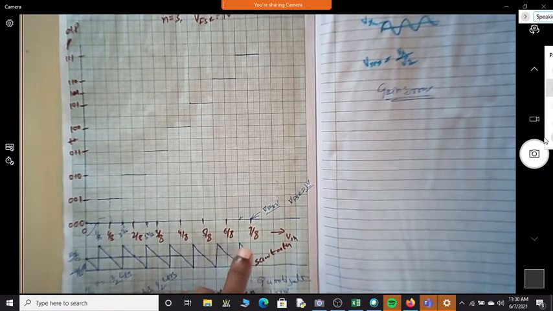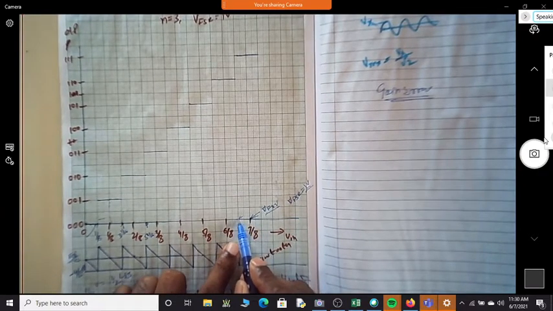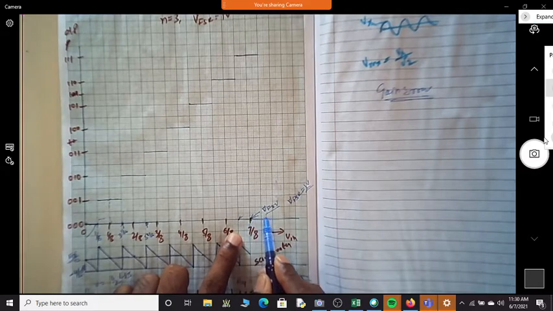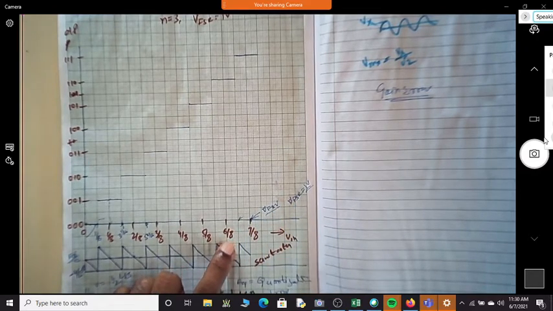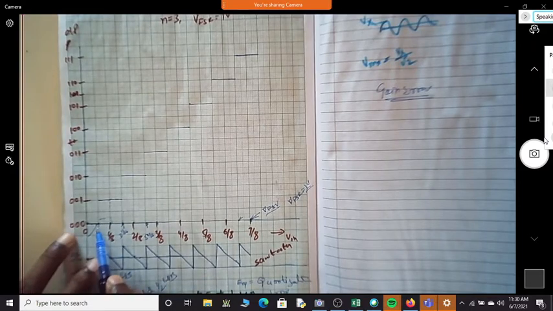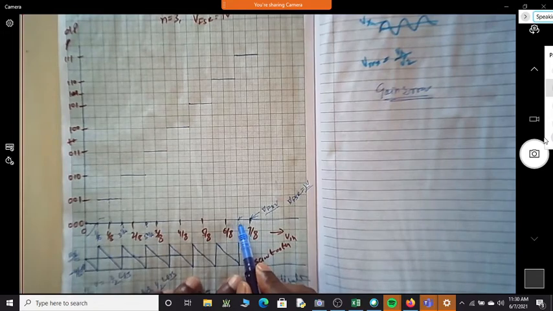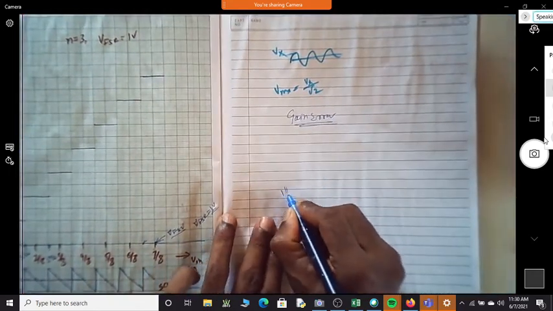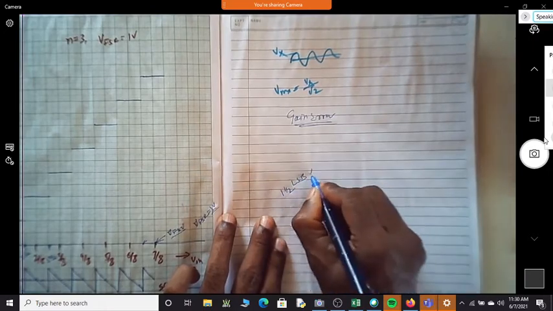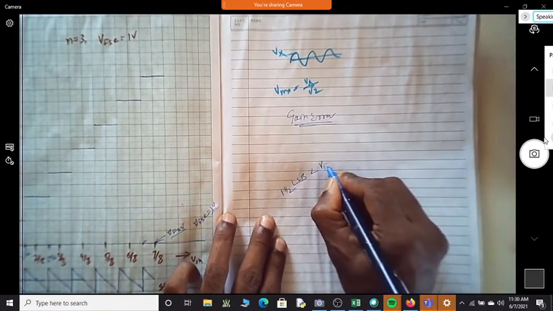Then where is your transition happening? Is it happening half LSB less than FSV? So the last transition is happening actually 1.5 LSB less than VFSR, correct?